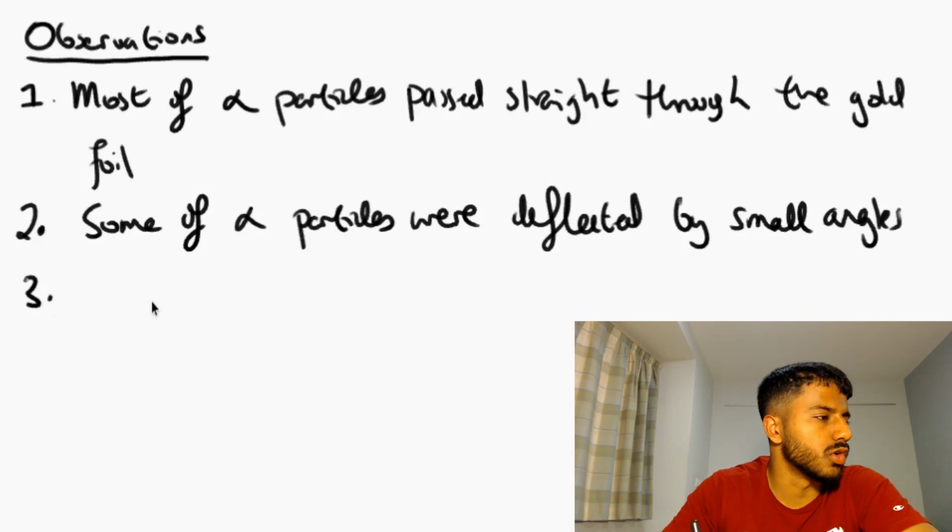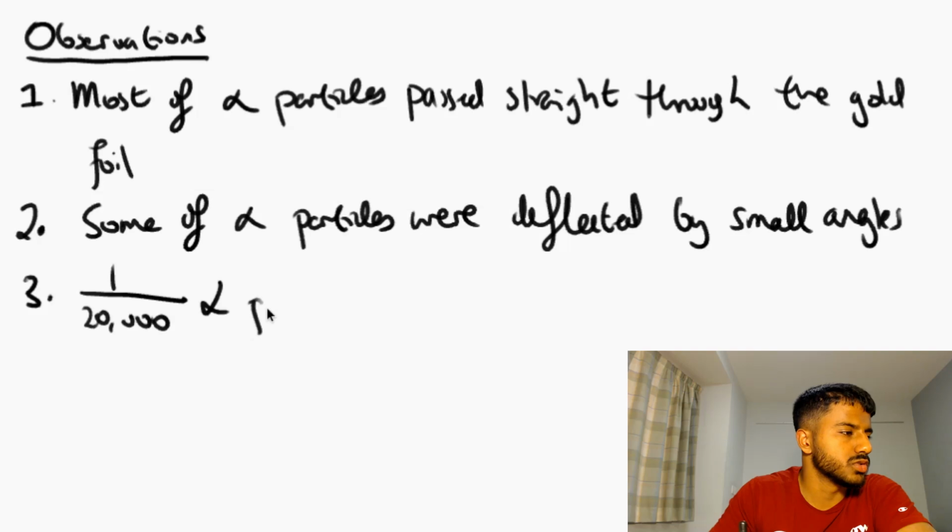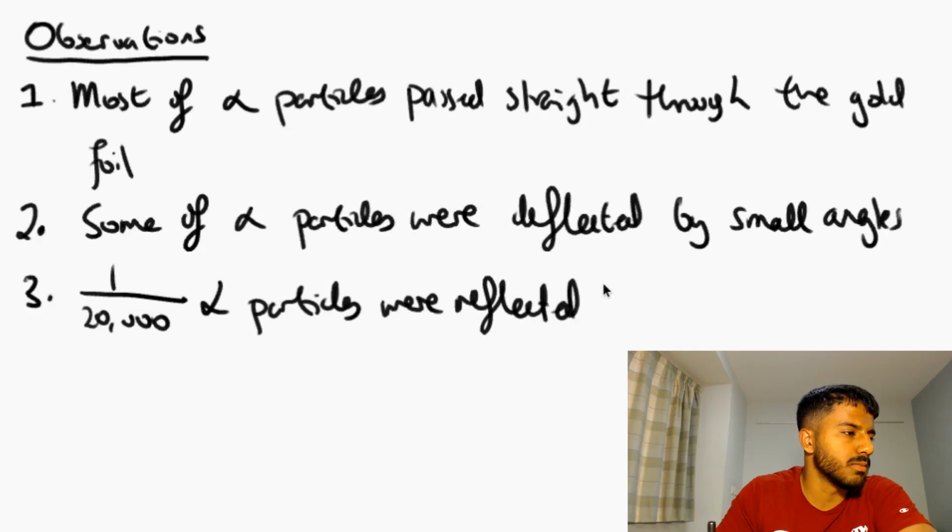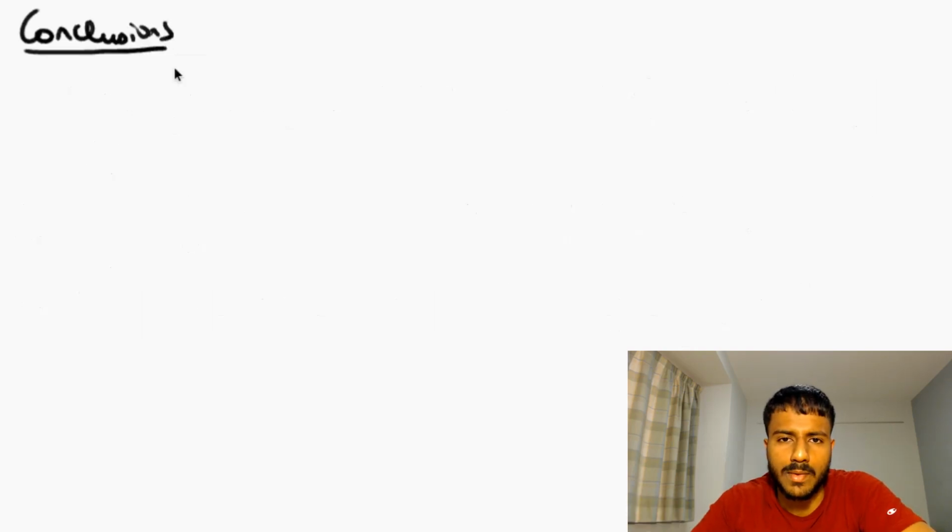Now, an even smaller amount, about 1 in 20,000 alpha particles, were reflected by angles greater than 90 degrees. So here's what he concluded about this data.